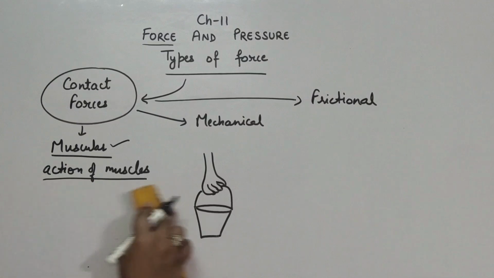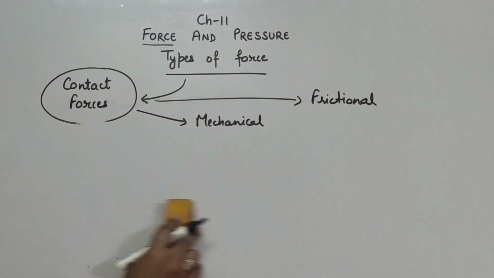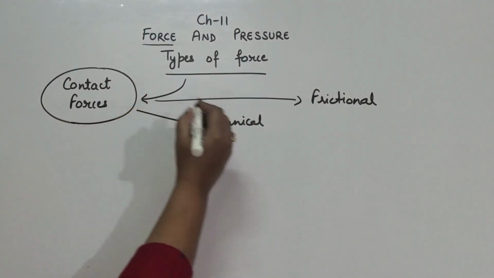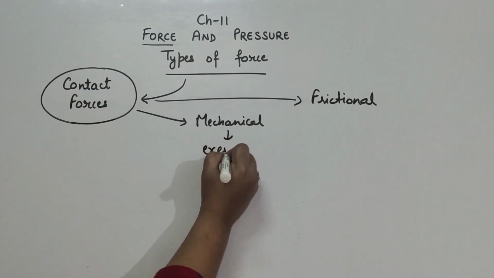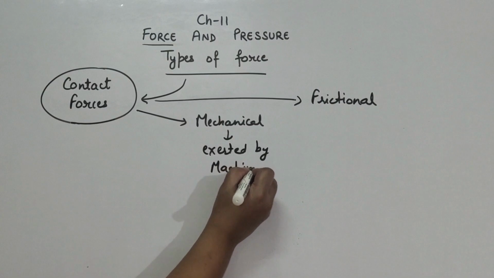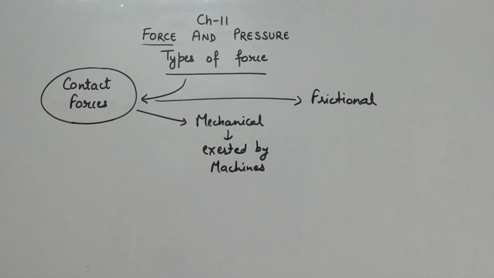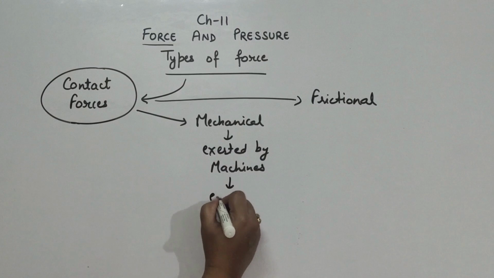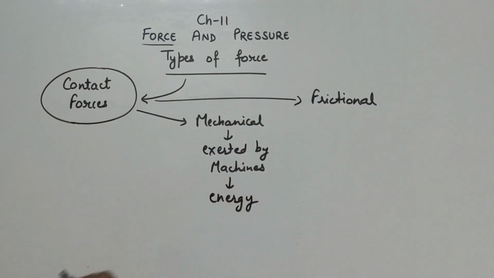Now, next is mechanical force. The force exerted by machines to do some work is called mechanical force. No machine can produce force on its own. It needs some kind of energy.